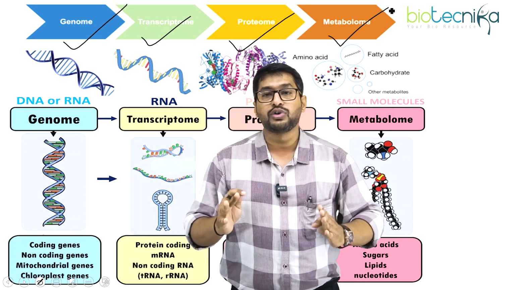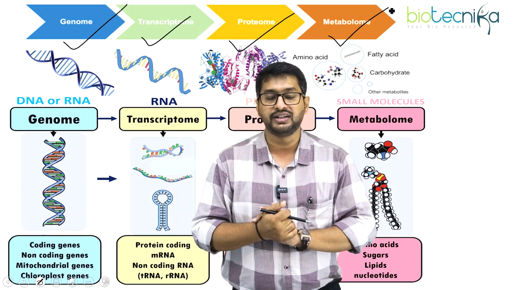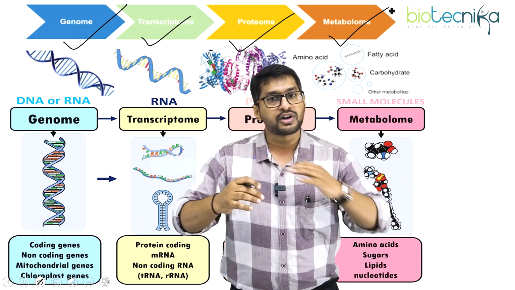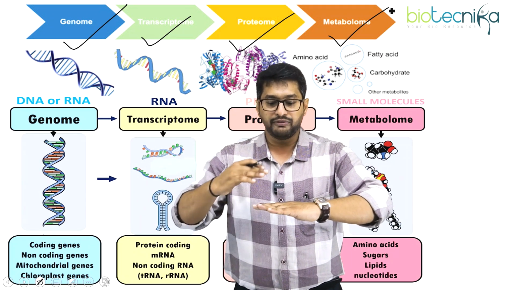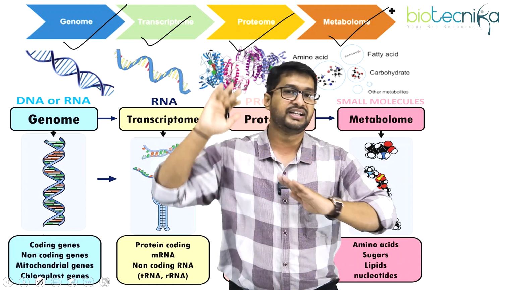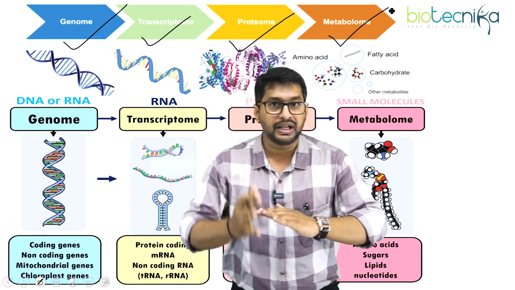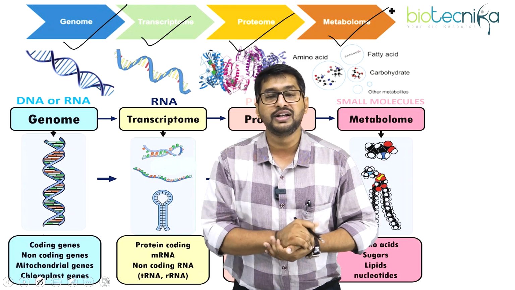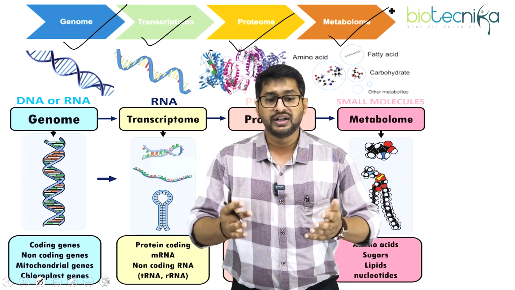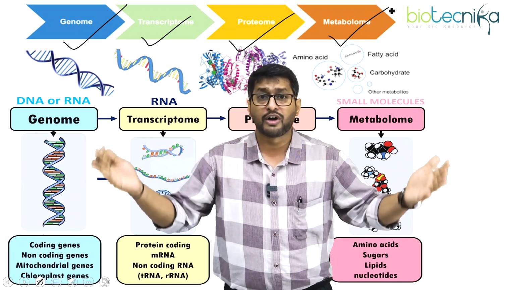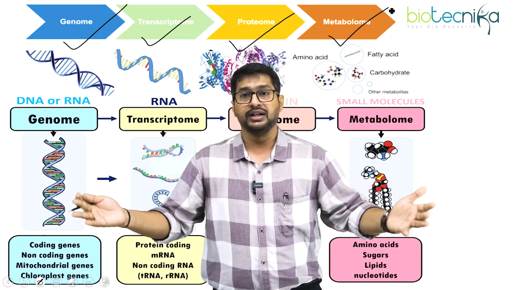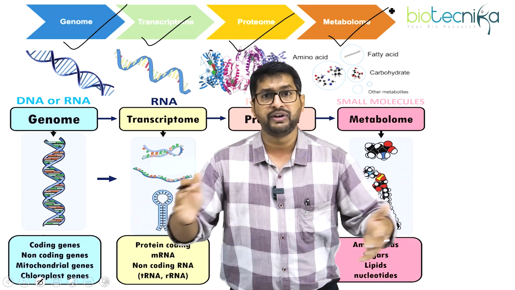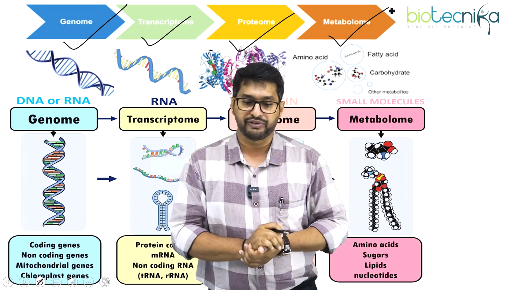All these four components become very, very important, and the logic is still the same: the raw material is different, and with this raw material the end product is entirely different, but the pipeline many a time is the same. If you look into our previous video on how exactly the central dogma of molecular biology works, we have a detailed video on it. So make sure you also refer to that particular video.